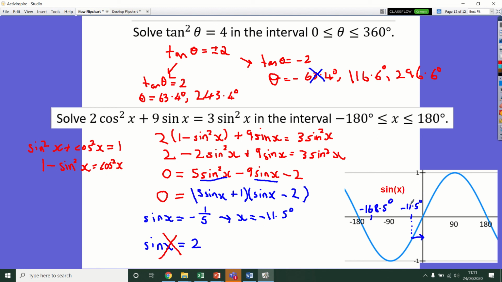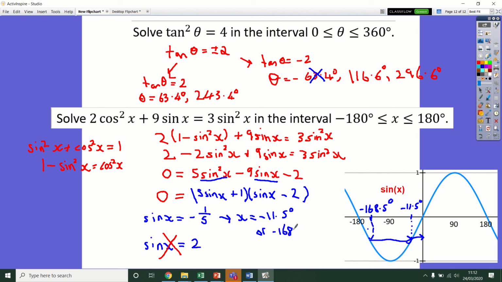So I added 11.5 degrees to minus 180 degrees, and that's what I got over there. And that's my second solution. Okay, and based on what I've got over here, this is my range of values, those are the only solutions. So I'm going to add that across over there. Okay, so that's how you solve a quadratic trigonometric equation.